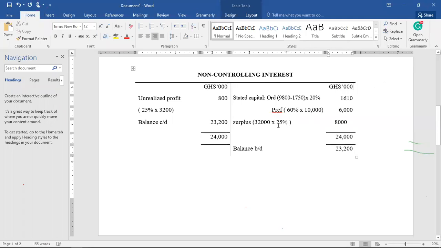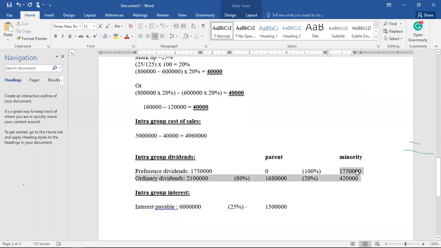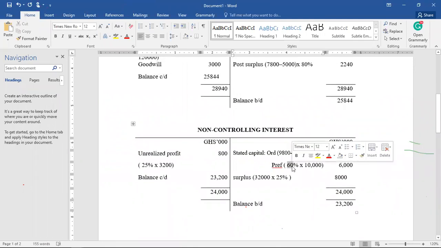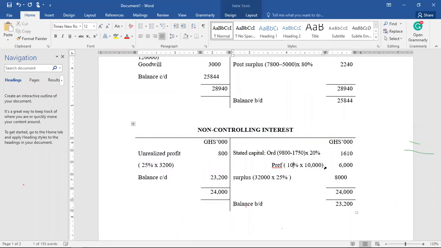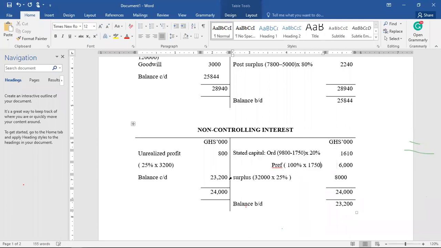Preference dividend. The preference dividend here is 1,750. So the minority is getting everything. So all the 1,750 will go to the minority.